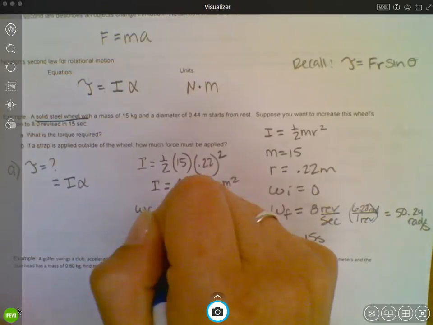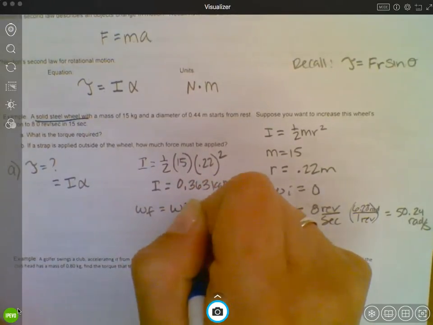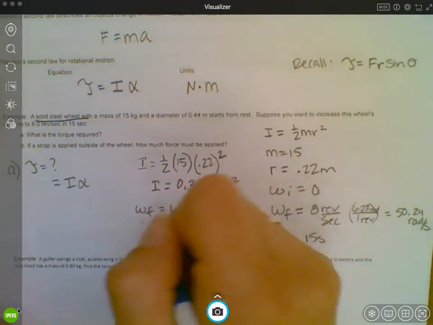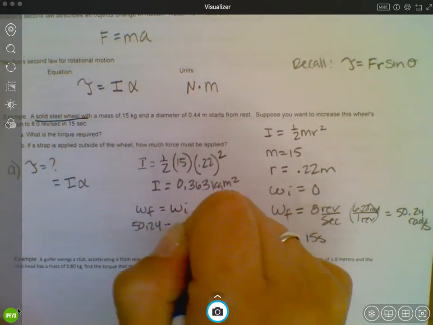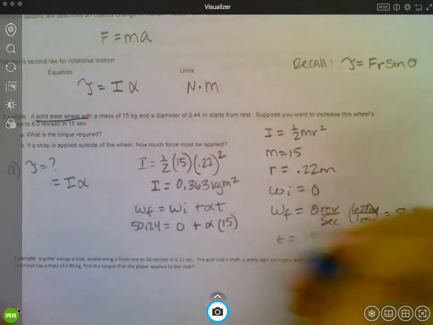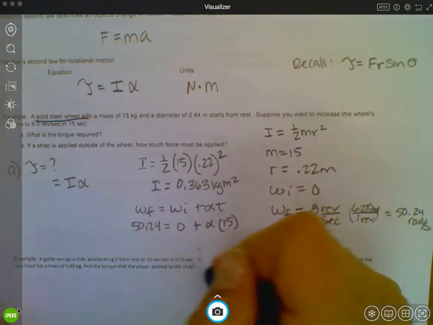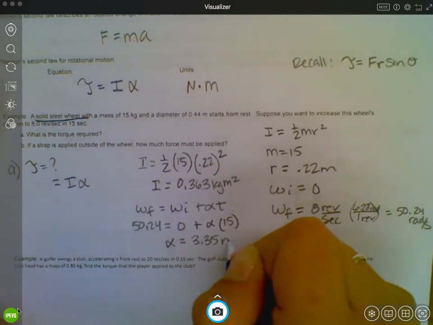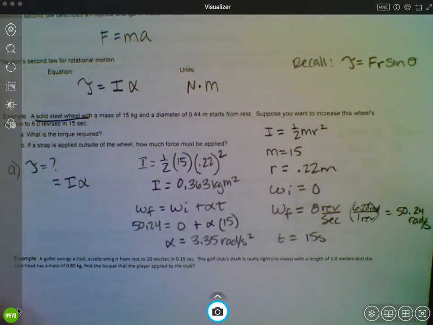So we'd use omega final equals omega initial plus alpha t. We have omega final, which is 50.24, equals 0 plus alpha times 15. I would divide by 15 and get alpha equals 3.35 radians per second squared.